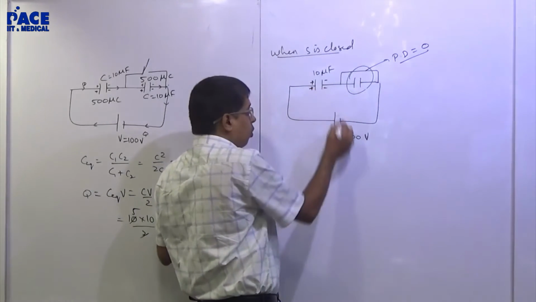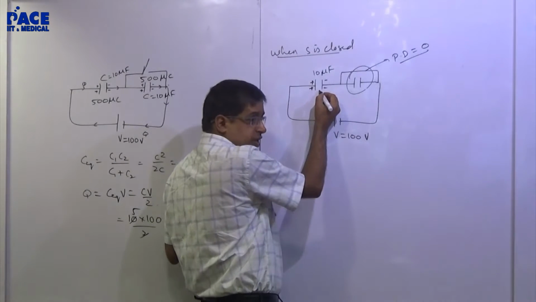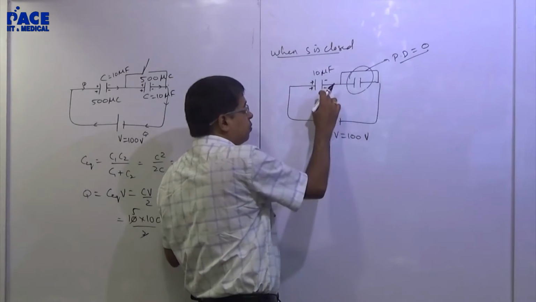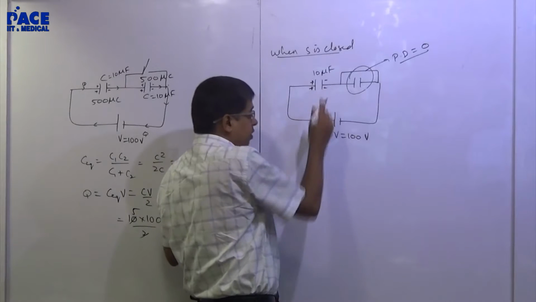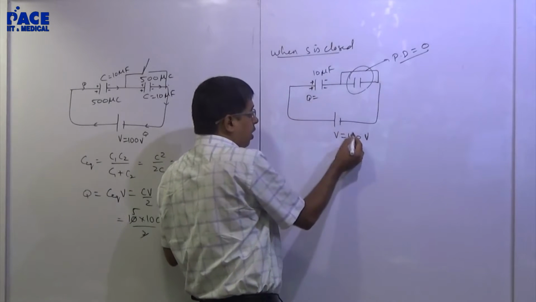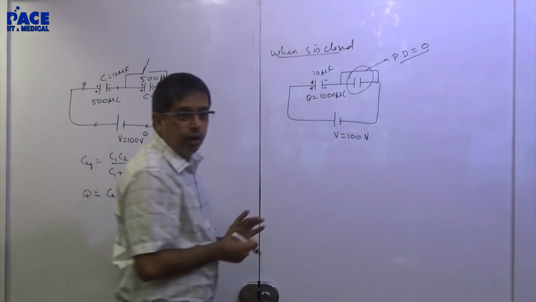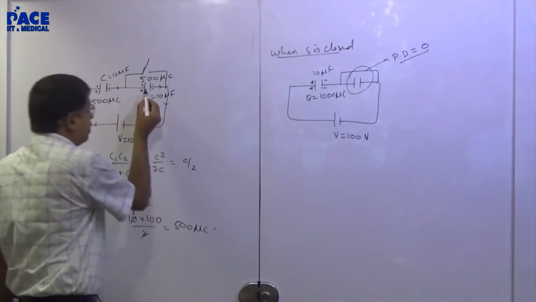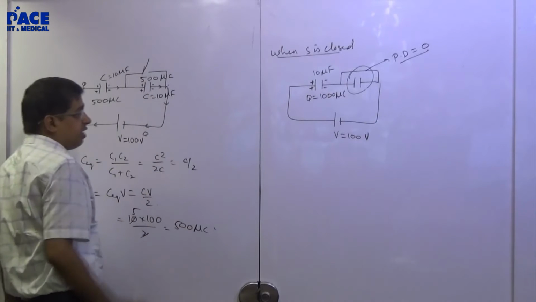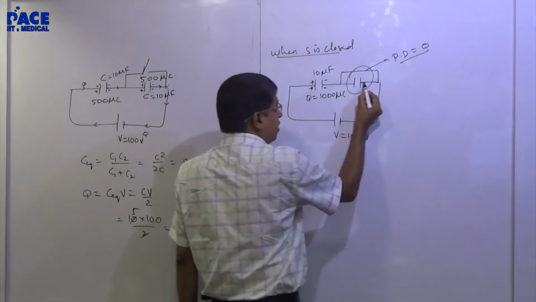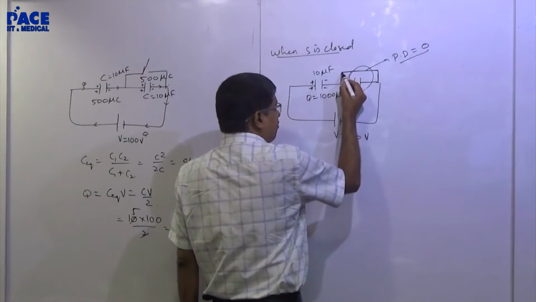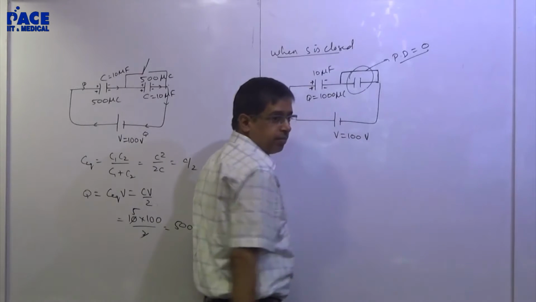If the whole of this potential appears across this, Q will be equal to 1000 microcoulombs. You may ask, what happened to the already existing negative and positive charge? The negative and positive charge will go and nullify each other.